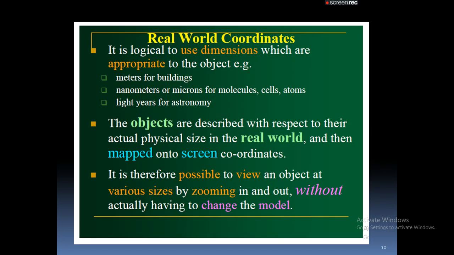So when we want to use two-dimensional viewing, we need to use real world coordinates. Real world coordinates means it is logical to use dimensions which are appropriate to the object. We need to specify the unit of that particular object. As I specified three examples, you can go through them.